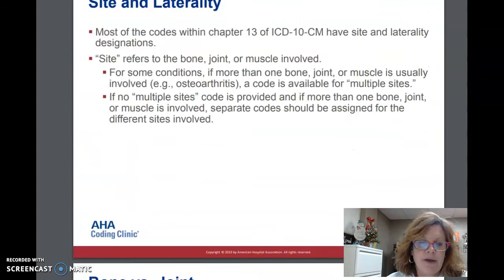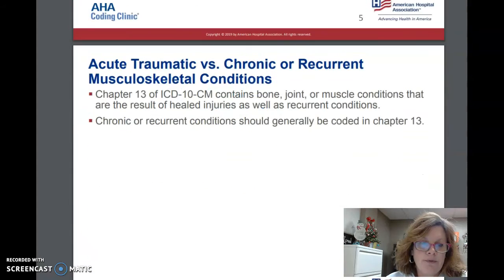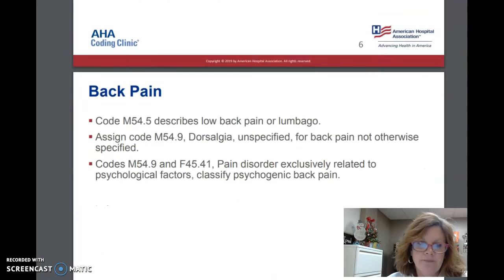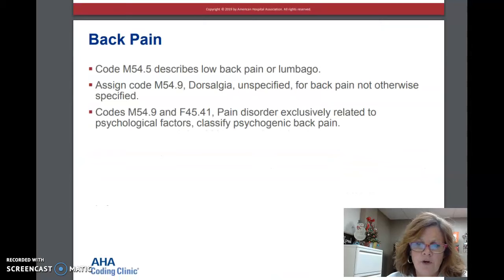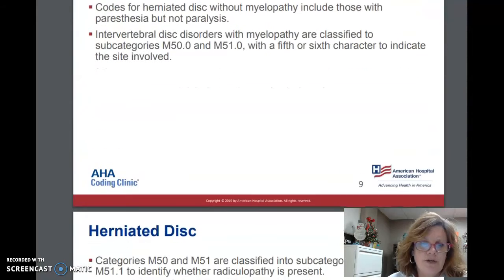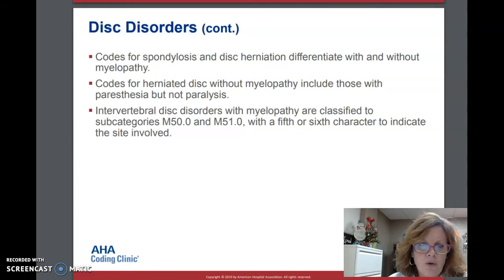Okay, and that kind of goes back up to the one before it. Acute, traumatic, or chronic or recurrent. Kind of when we talked about injuries in chapter 13, make sure when you look up fracture, whatever, that you are coding traumatic. And then recurrent, again, you're going to be looking at that 7th character. Okay, disc disorders. Again, these are going to be your M codes.